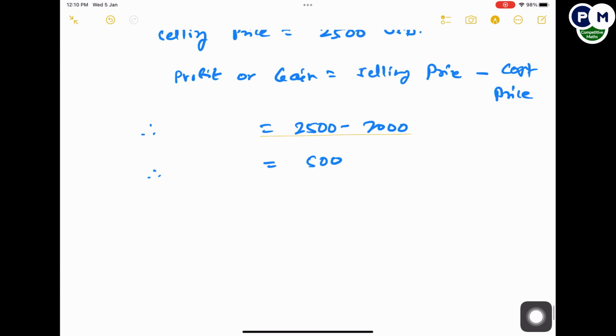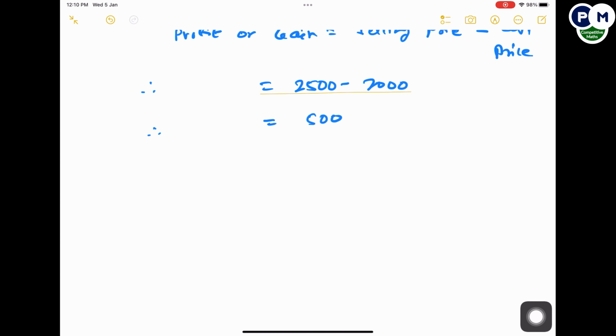Next, profit or gain equals the result of selling price minus cost price, that equals 500. Finally, divide 500 by 2000 and multiply it by 100 to get the profit percentage of 25%.